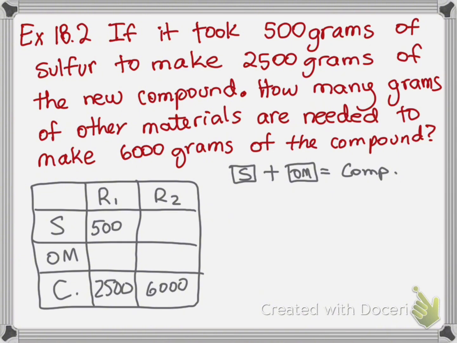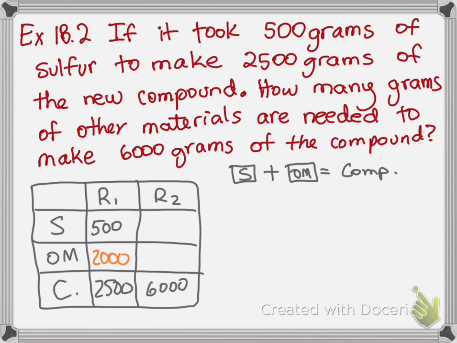So we have two different mixtures, one where we use 500 grams of sulfur and we create 2,500 grams of the new compound. But then we also have another mixture where we have a total of 6,000 grams of the new compound. So we have to start by finding how many grams of the other materials we're using.